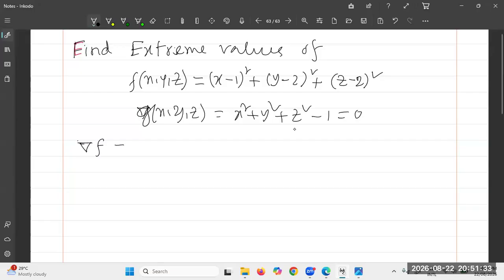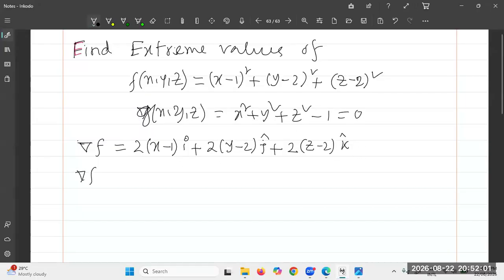So gradient of f, differentiating with respect to x, is 2 times (x minus 1) i, plus differentiating f with respect to y is 2 times (y minus 2) j, and differentiation with respect to z is 2 times (z minus 2) k.